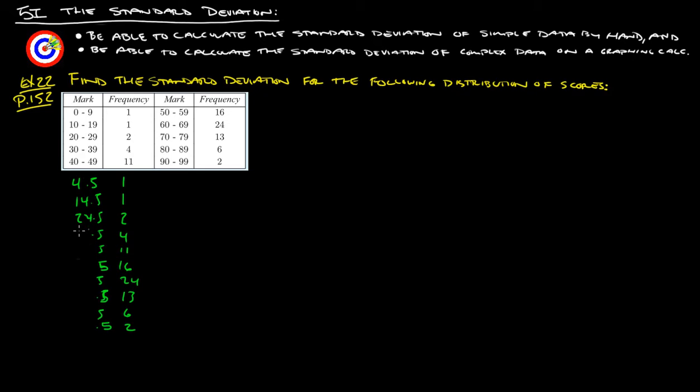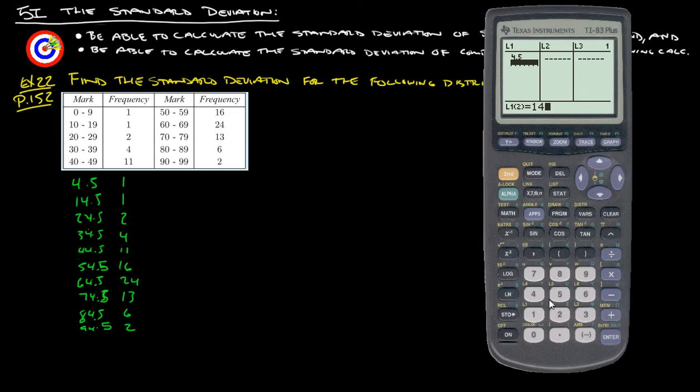So this one is 4, 14, 24.5, 34.5, so forth and so on. Okay, so we're going to put all that in our calculator.